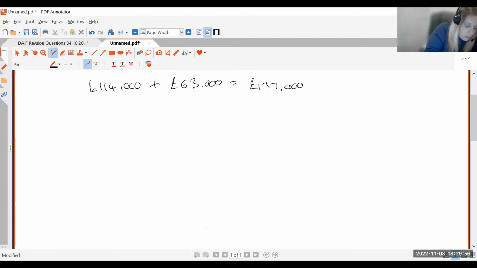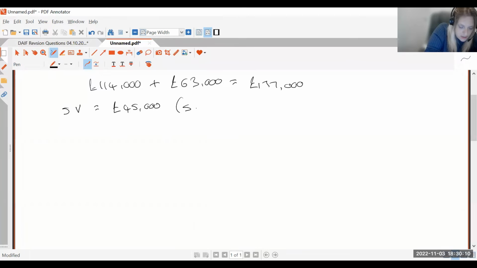So we know that the sales value equals £45,000. And this is 150%, okay? Because we were told there was a 50% markup on cost. So this must be 150%. Okay.